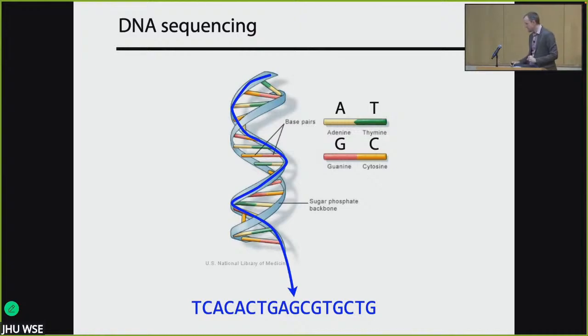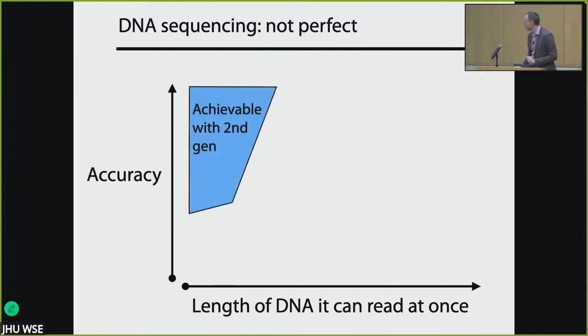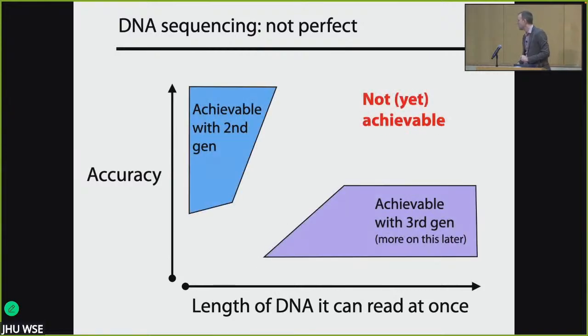The reality is that sequencers are pretty good at reading short stretches with high accuracy or long stretches with relatively low accuracy, but you sort of can't have both. You can't have a sequencer that reads very long stretches at very high accuracy, not possible.